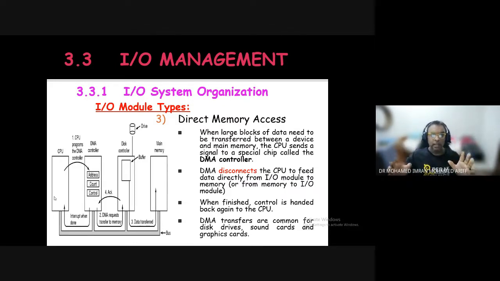That is why direct memory access disconnects the CPU to feed data directly from the input-output module to the memory. So in direct memory access, data goes from the I/O module terus masuk ke dalam memory. Dia tak masuk dalam CPU dulu.